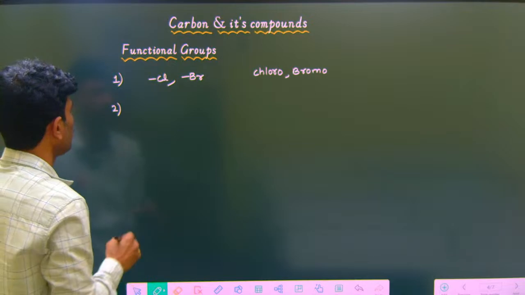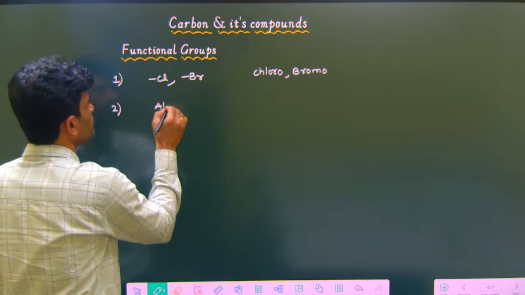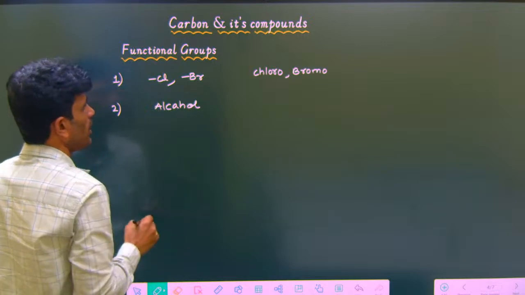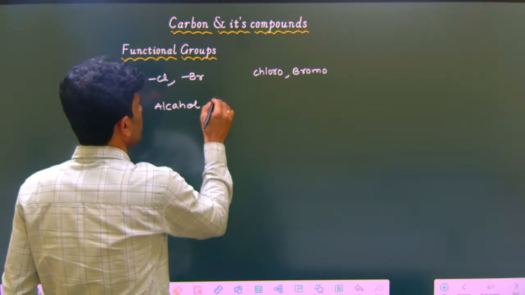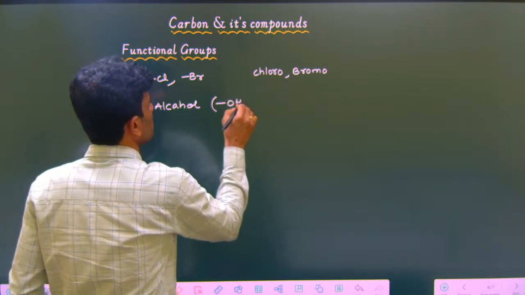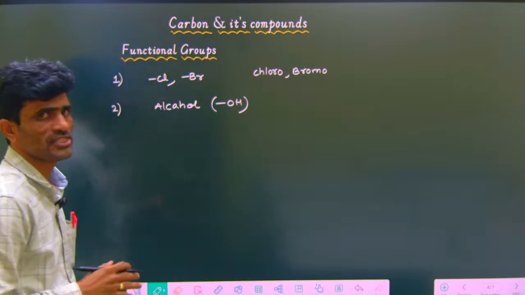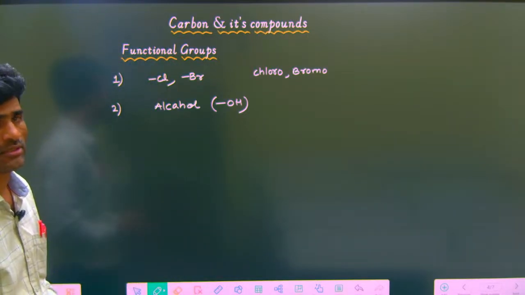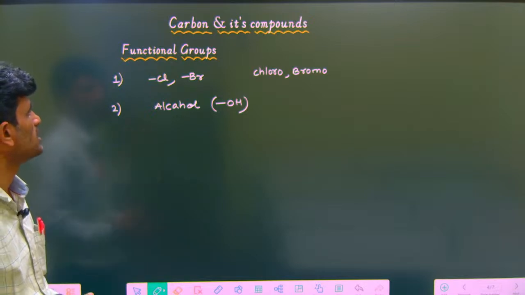The second functional group is the alcohol group. What is the symbol for the alcohol group? OH. If one hydrogen is replaced by OH, then we call it the alcohol group.